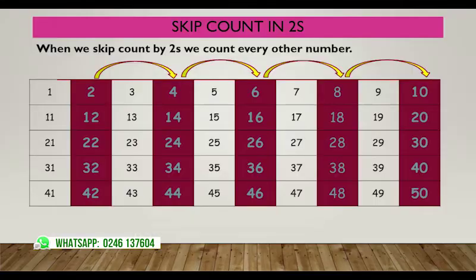So from 2 to 4, 4 to 6, 6 to 8, 8 to 10, 10 to 12, 12 to 14, 14 to 16, 16 to 18, 18 to 20, 20 to 22, 22 to 24, 24 to 26, 26 to 28, 28 to 30, 30 to 32, 32 to 34, 34 to 36, 36 to 38, 38 to 40, 40 to 42, 42 to 44, 44 to 46, 46 to 48, 48 to 50.